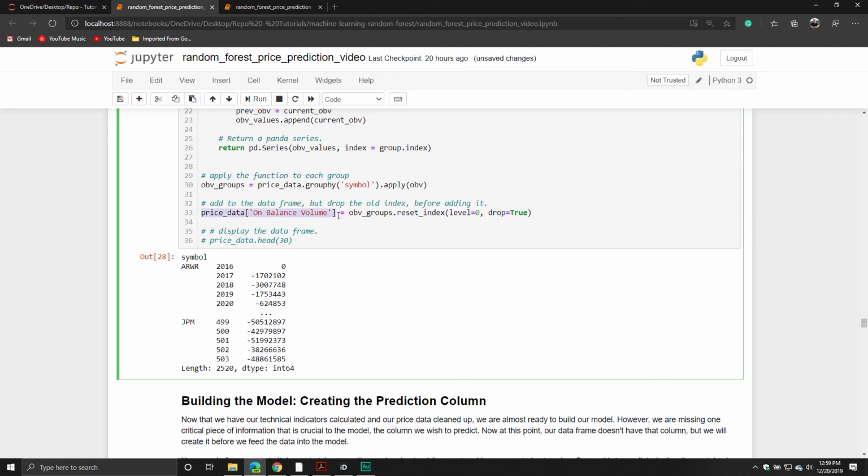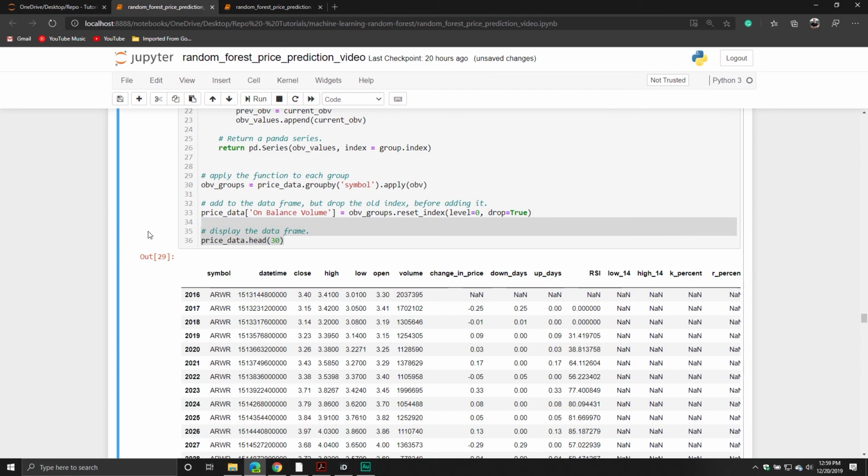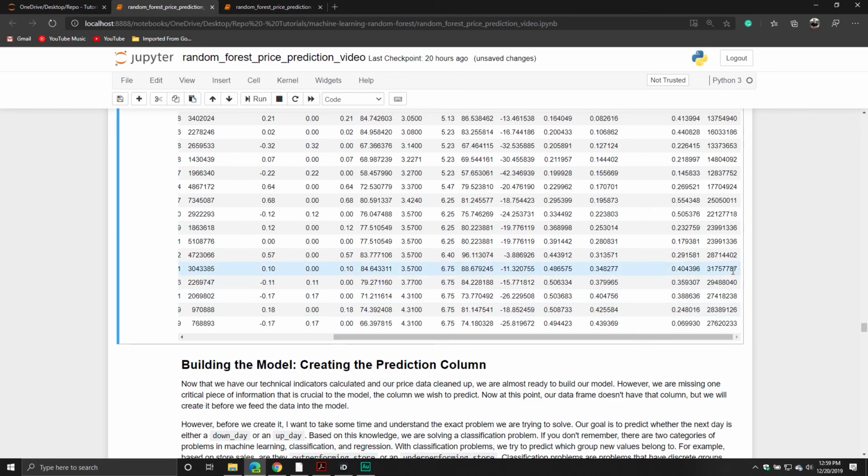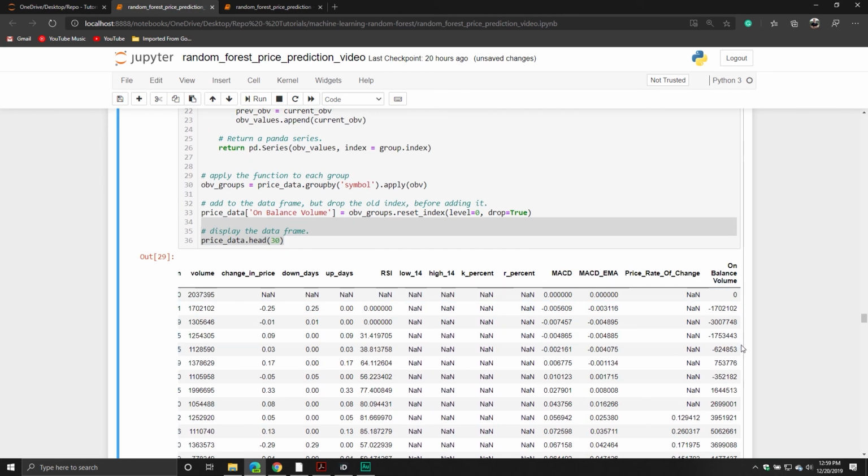I want to create a new column, which is the on balance volume. I'm going to take my groups, I'm going to reset their index. That's the important part, because if you don't reset the index, you can't match it up. And then I'm going to drop everything. So this is the part I'm still doing some more validation before I get crazy with things. And then what I do is after that, I add everything to the data frame.